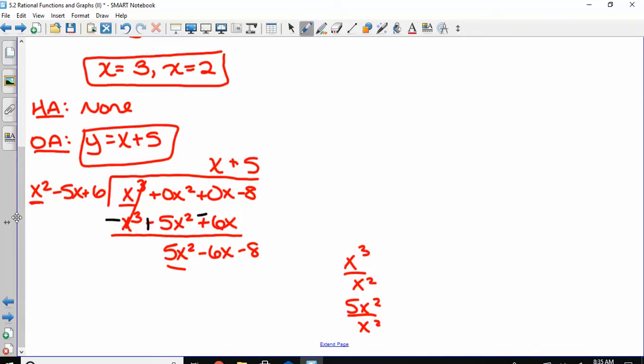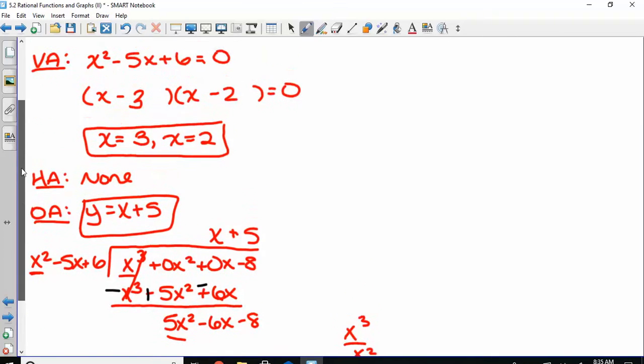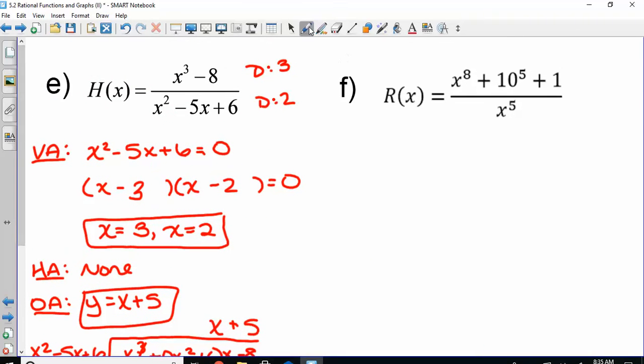Is that one okay? I didn't ask for it, but what if I had said, what is the x-intercept of this graph? What would you do? Plug in 0 for your h of x, that's like your y. So you plug in a 0 for that.